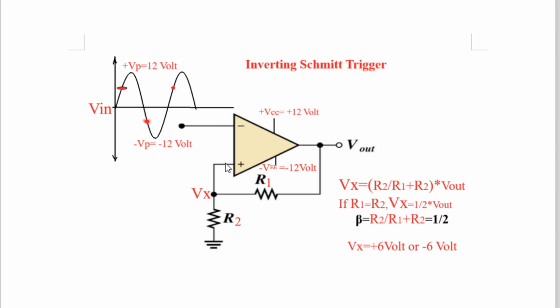In this way, as soon as the inverting voltage goes just below minus 6 volt, the output of the op amp will again change from LVL to HVL.